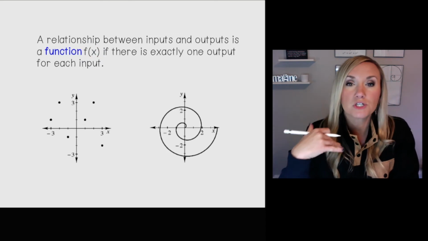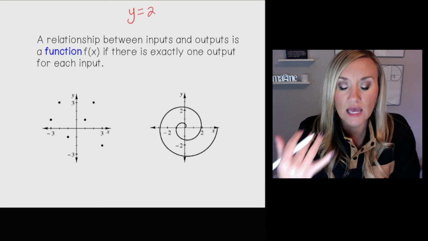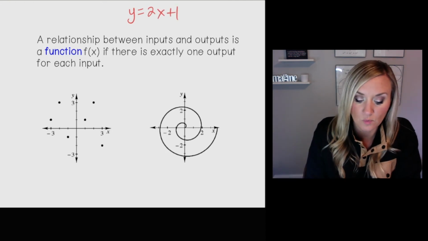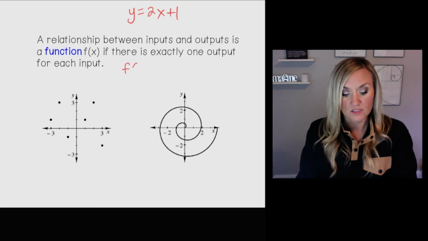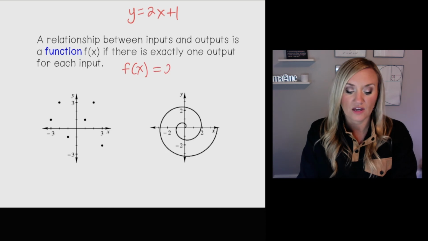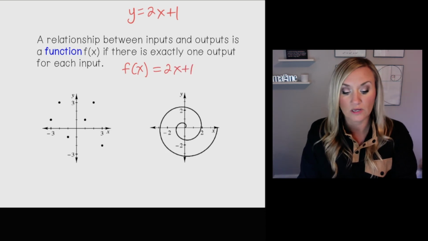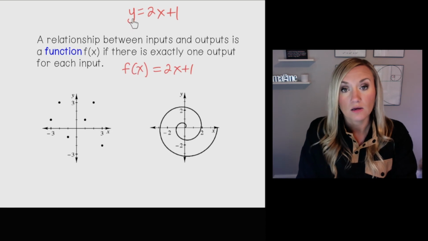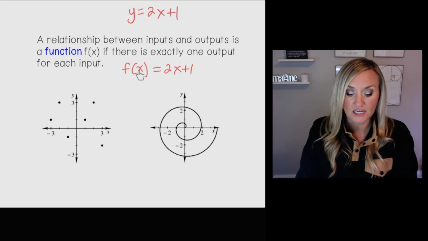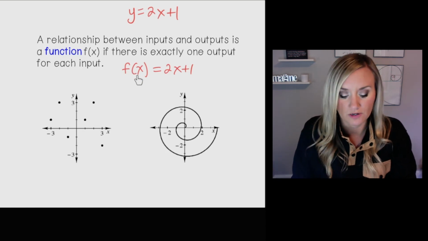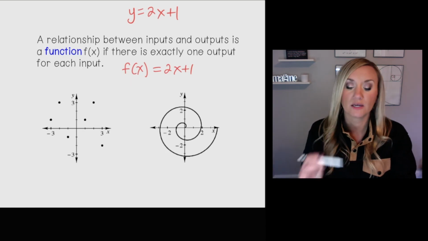And when we start to talk about it as a function, as a working machine, instead of the y, we're going to replace it with f of x equals 2x plus 1. Okay, this is just another way, the f of x is just another way that the reader, when they're reading it, they know, okay, this is a good working machine. This is a function. And so it's just kind of a different way to let the reader know that it's already a function. Cool.